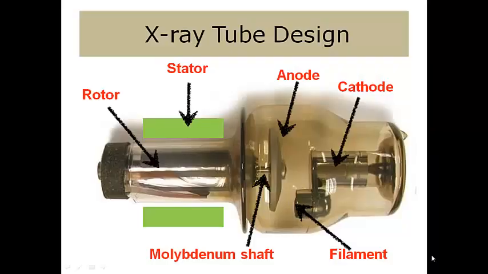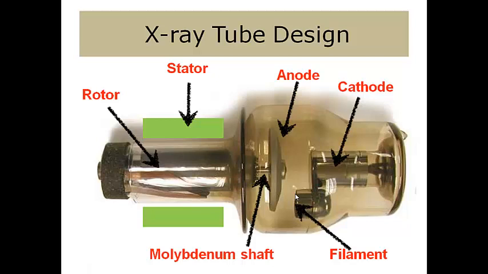So let's refresh our memory regarding X-ray production. Electrons are emitted from the filament and also accelerated towards the anode, due to the high voltage potential between the anode and the cathode, so the electrons gain a lot of kinetic energy.